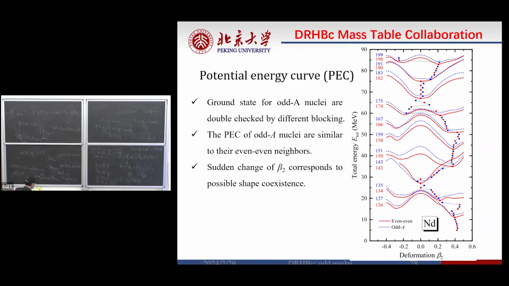And then it also gives us the information which one is the so-called ground state. And then we can continue, you see, this is for the neodymium isotope chain. So from the proton drip line to the neutron drip line, how we search for the ground state.